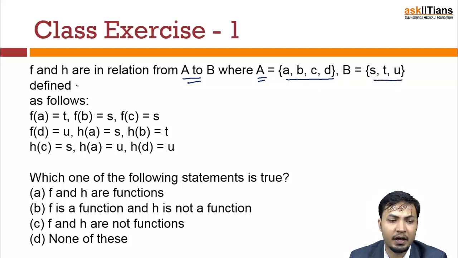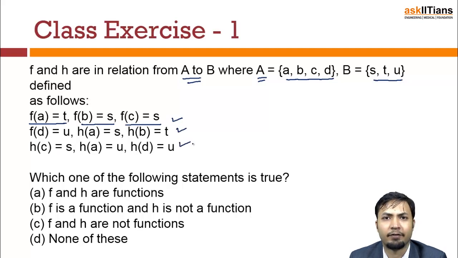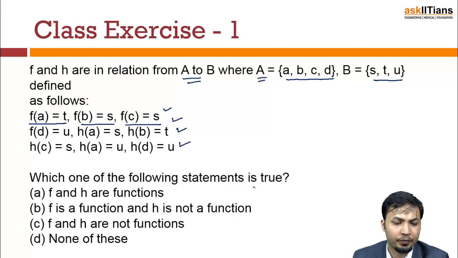They are defined as follows. My f(a) is equal to t, f(b) is equal to s, f(c) is equal to s. Like this, I have defined the functions. Based on all this information, I am being asked which one of the following statements is true.